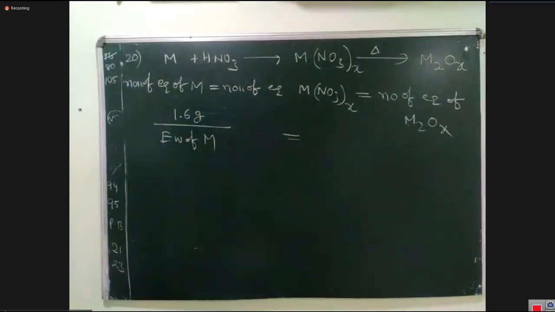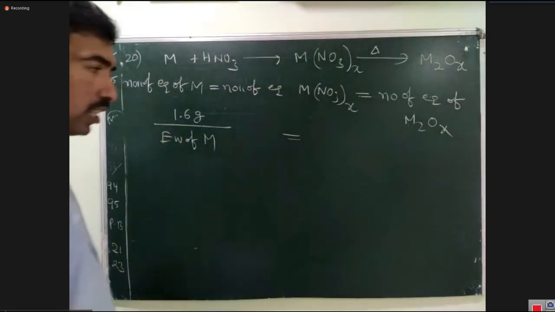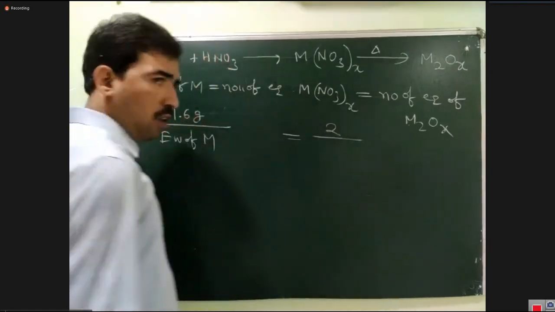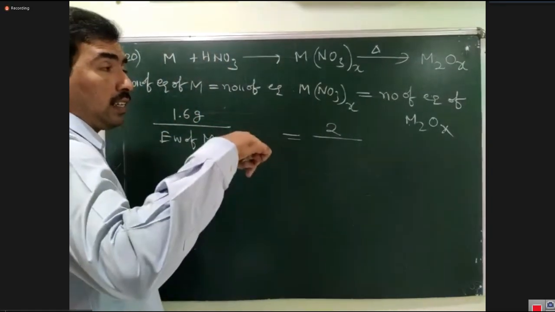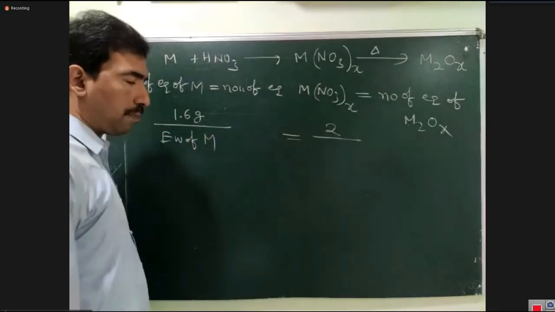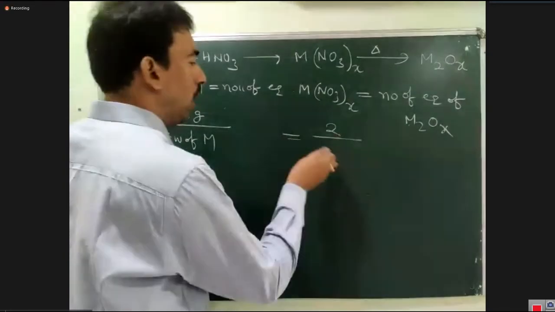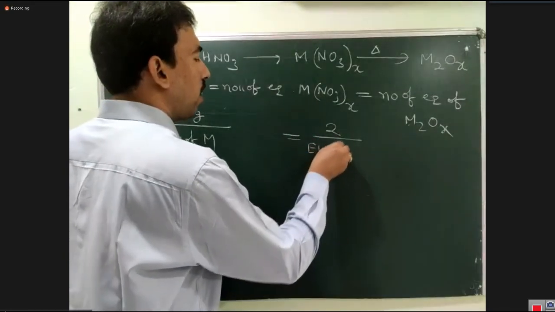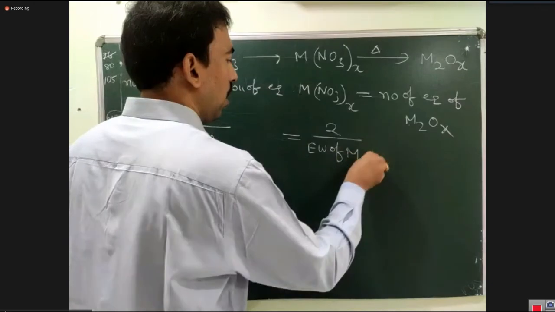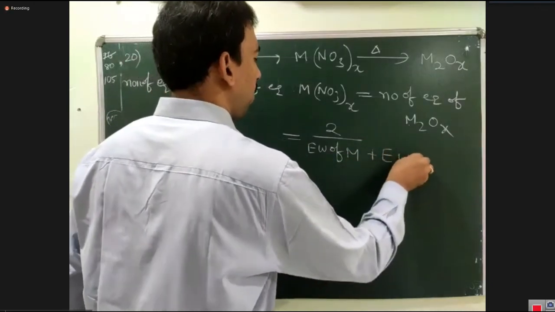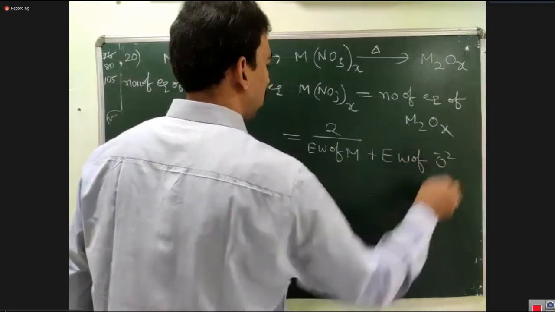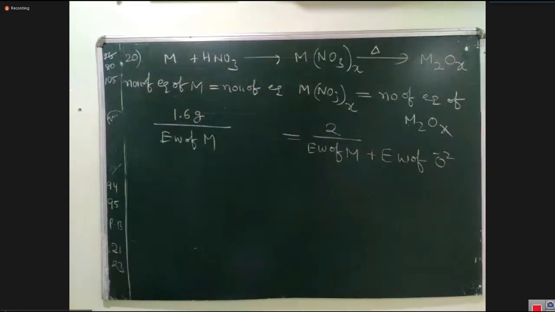How many grams of oxide are formed? 2 grams of metal oxide. So it is 2 divided by the equivalent weight of metal plus the equivalent weight of oxide. Equivalent weight of metal plus equivalent weight of oxide is equal to the equivalent weight of metal oxide.